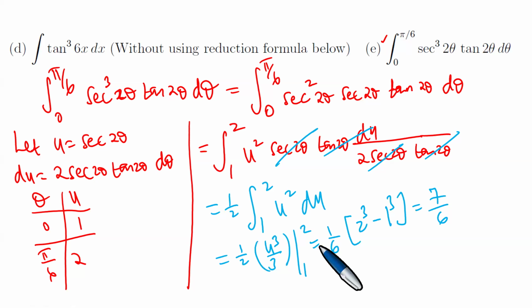So this is the correct answer to the question. By and large, that would be one way to do that question. So it is 7 over 3.